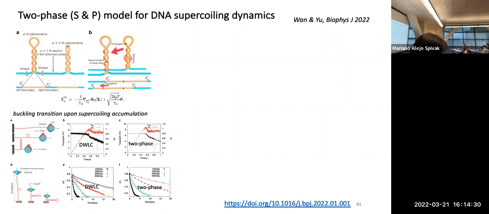If you do polymer physics simulation, it also takes a long time to get that. So our logic, in the previous slide, is that we first check the torque propagation in the S phase and the P phase separately.